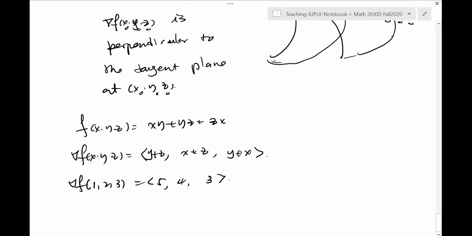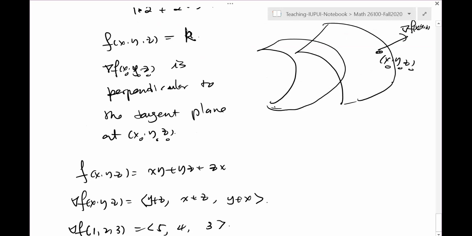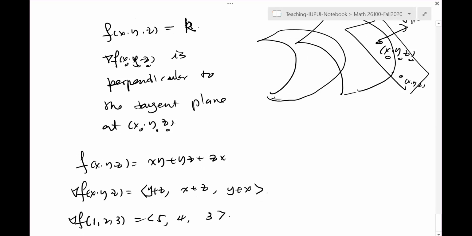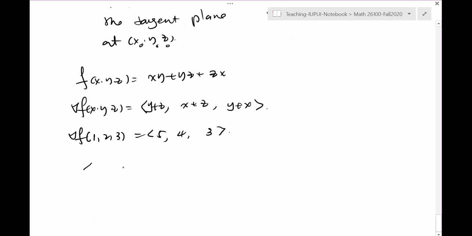To find the equation of the tangent plane, you just need to describe an arbitrary point on the tangent plane. This arbitrary point on the tangent plane, minus the point on the surface, will be the tangent vector, and it should be perpendicular to 5, 4, 3.